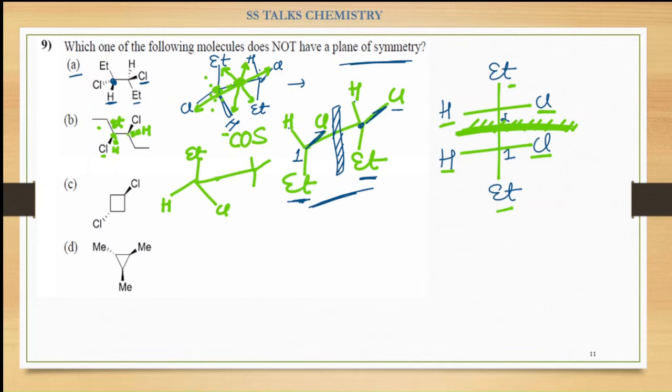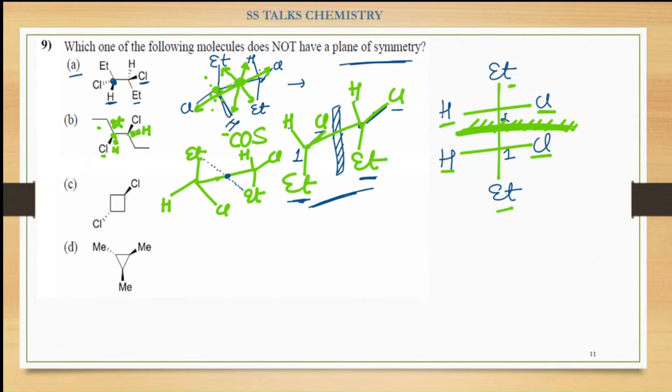So here is the presence of the ethyl group. On the wedge side the Cl is present, and on this side the hydrogen atom is present. You can check the center of symmetry in this particular case, whether it is present or not. If I am going in the planar species, ethyl group, I see that at 180 degrees it is present.